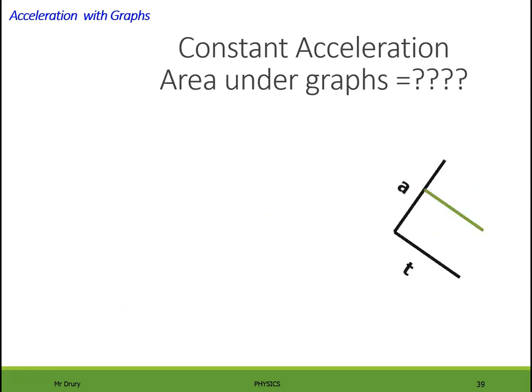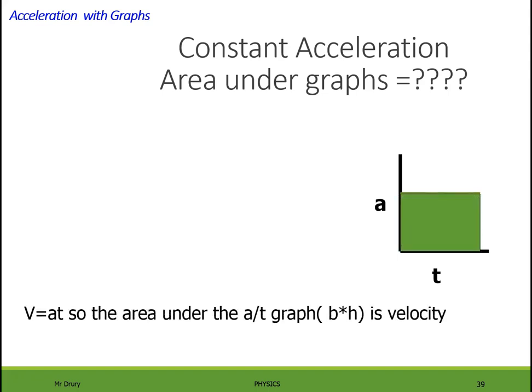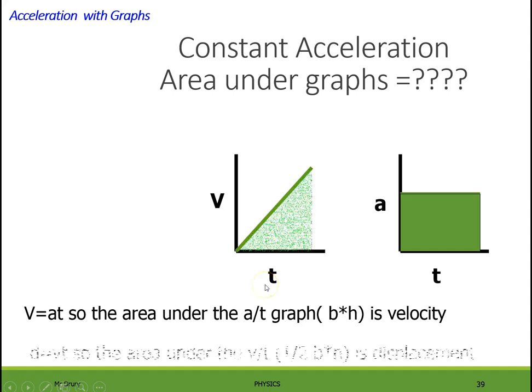All right, let's talk about the area underneath curves. We have an acceleration time graph. The area underneath it would be velocity, because the area would be the acceleration times time, or meters per second squared times seconds, which would give you meters per second, which is velocity. The area underneath the velocity time graph would be velocity times time, or meters per second times seconds, which ends up being meters.